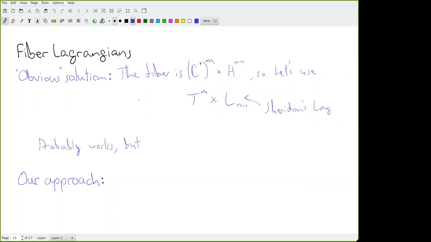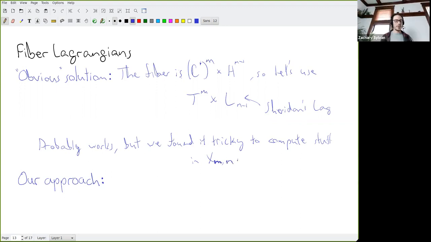But we found it just a bit tricky to compute stuff in X_MN. Okay, so what was our approach?